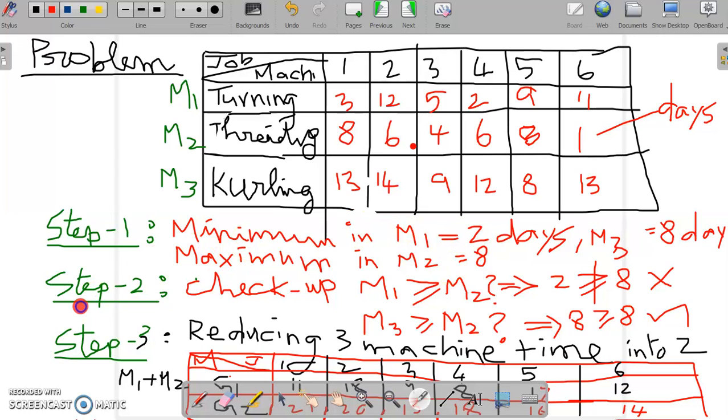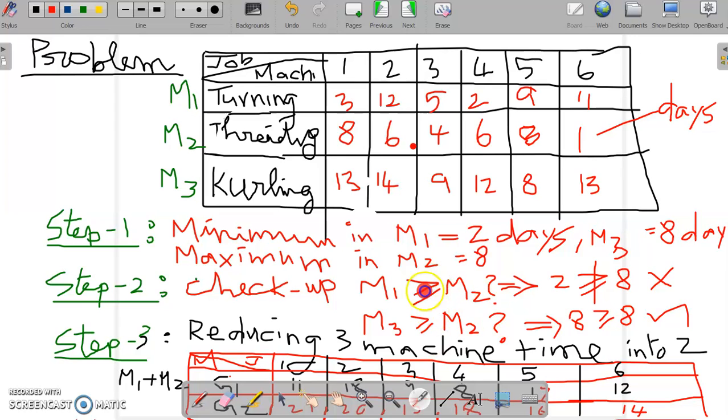Now step number 2 is to check whether the minimum time of M1 is greater than or equal to the maximum time of M2, or the minimum time of M3 is greater than or equal to the maximum time of M2.